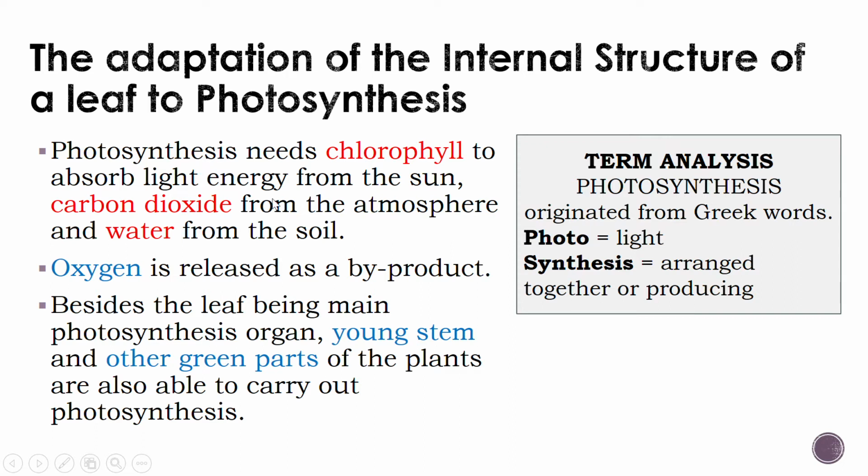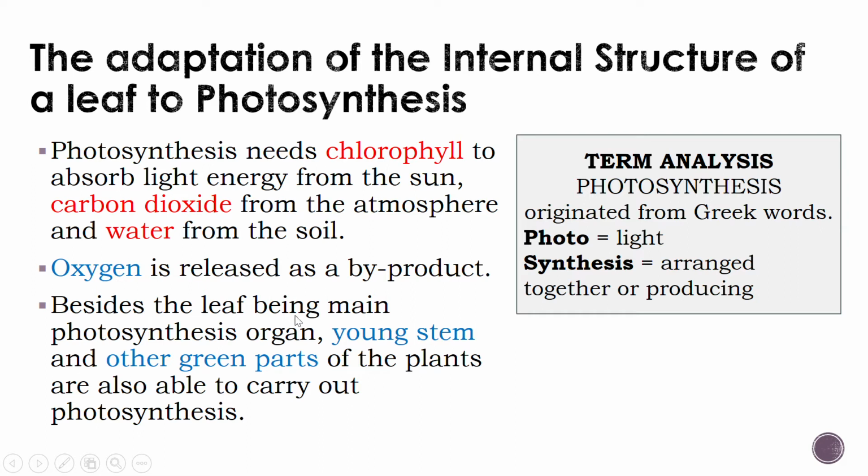But there is also a byproduct, hasil sampingan, and that is oxygen, which turns out to become a very important gas because it is needed in respiration and also in other processes such as combustion and also rusting, pengaratan.